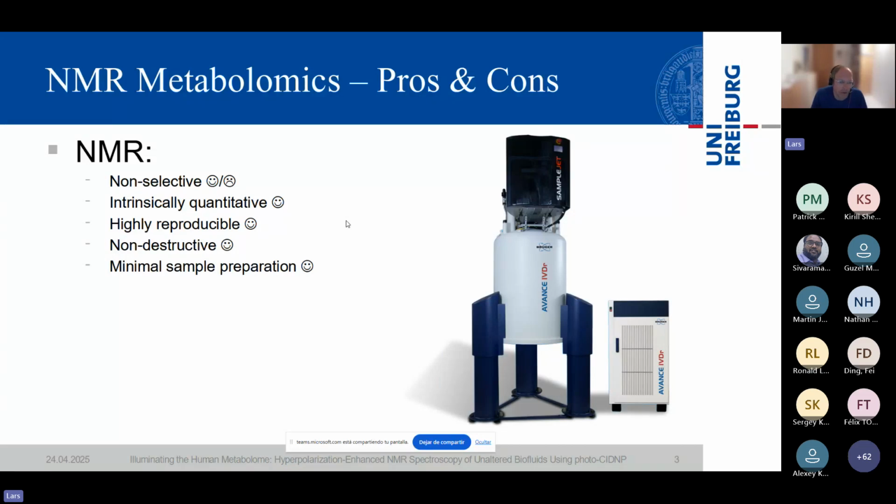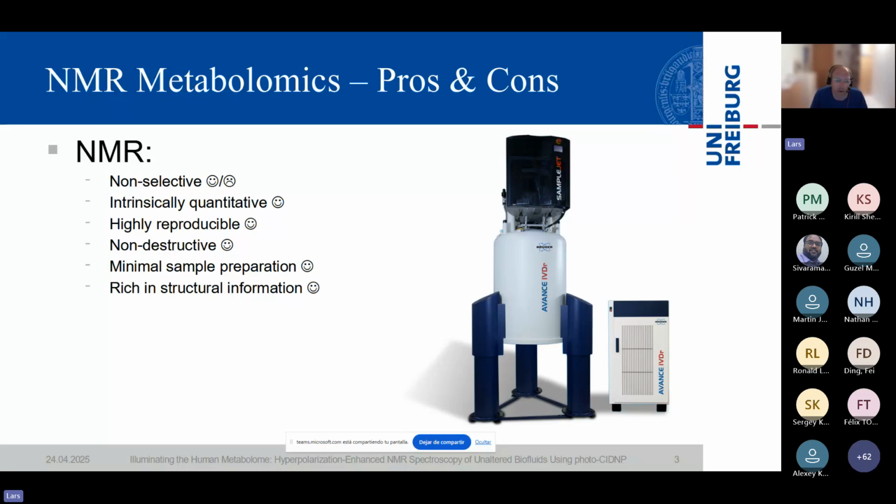I would call it even minimal in most cases. And of course, the big advantage is if you want to know more about the structure of a molecule, NMR supplies you with a huge amount of structural information in order to analyze the structure or any other characteristics of your molecules of interest.